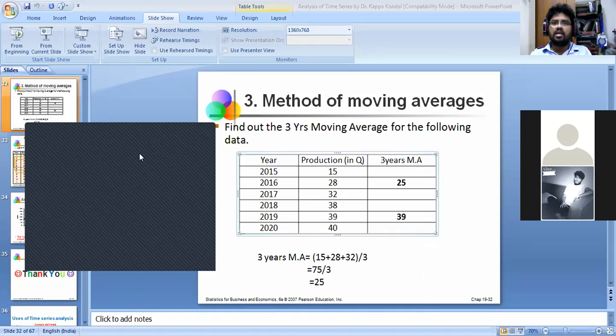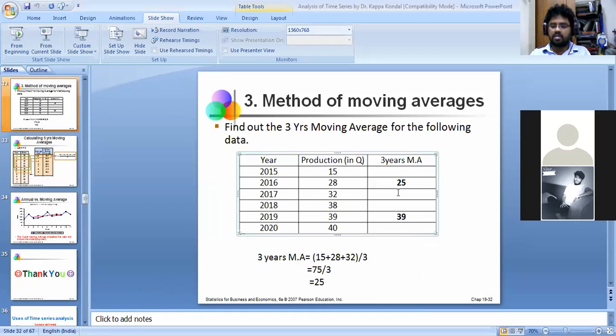How much will you get? 72.66. Sorry, I have something wrong. 28 plus 32 plus 38 divided by 3 gives 32.66. So when you consider these three values, you write the average value opposite the mid value, that is, opposite 2017.